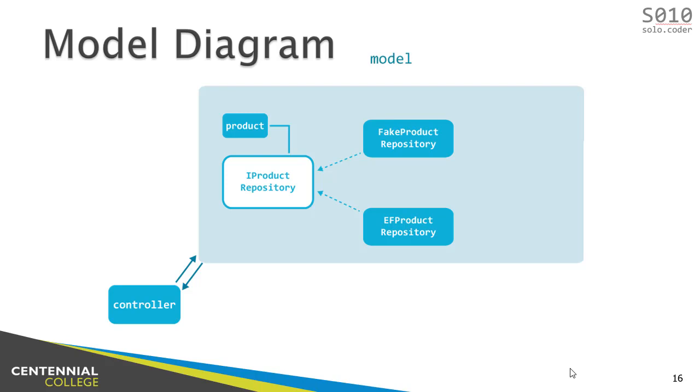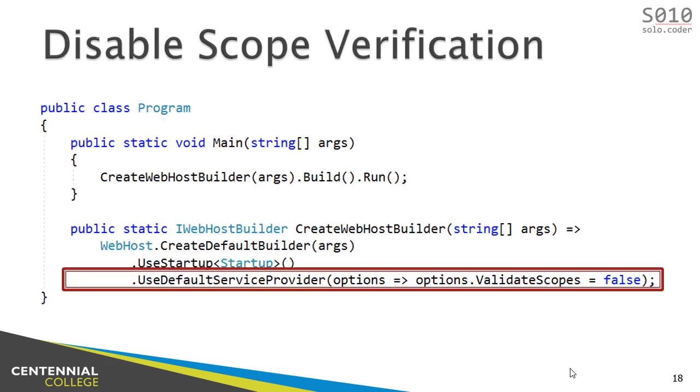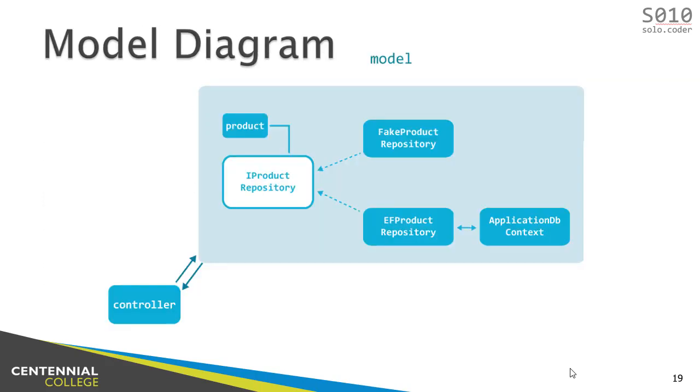So we're going to be creating this other piece. We're going to create this application DB context. I'm not going to go into details about that yet, but think about this as your bridge to the database. It's how our repository will be able to reach the database, to get data or to send data to the database.